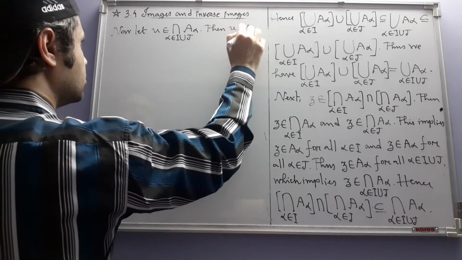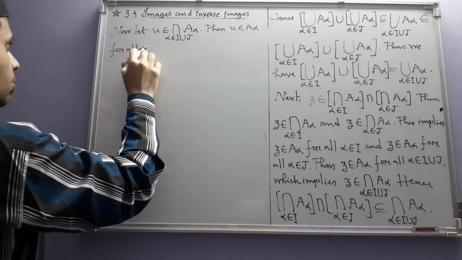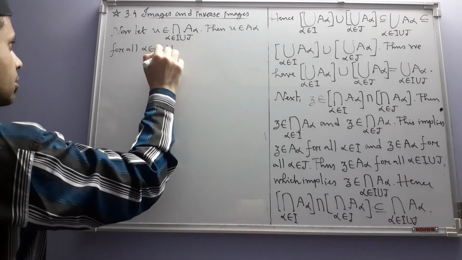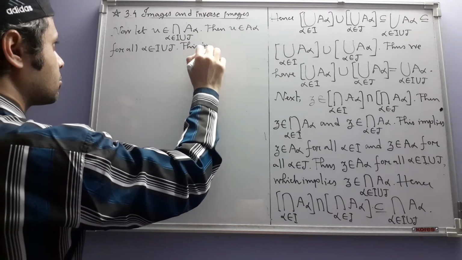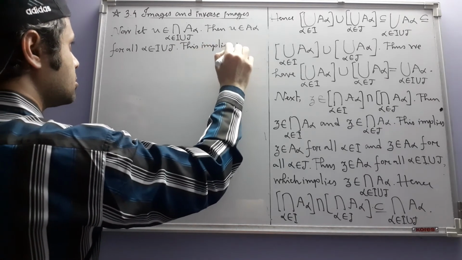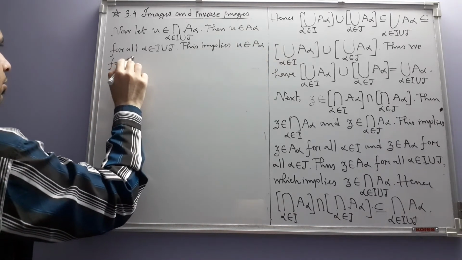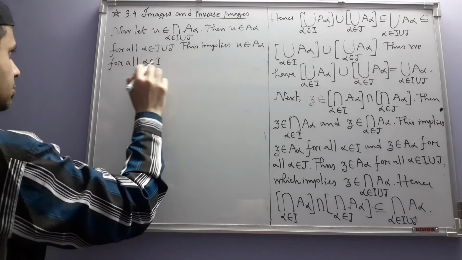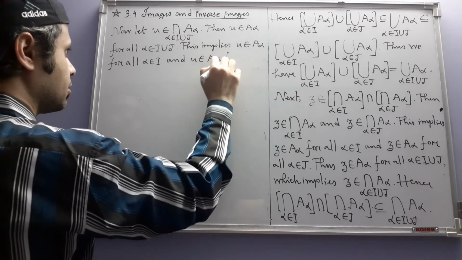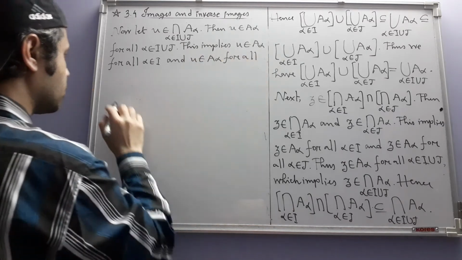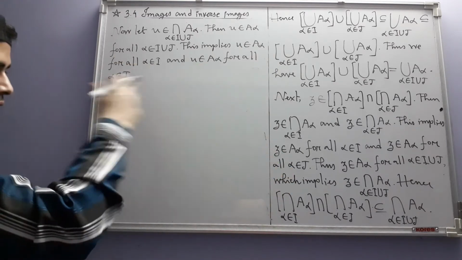Then U belongs to A alpha for all alpha belonging to I union J. This implies U belongs to A alpha for all alpha belonging to I, and U belongs to A alpha for all alpha belonging to J. There also we could have argued just like that.